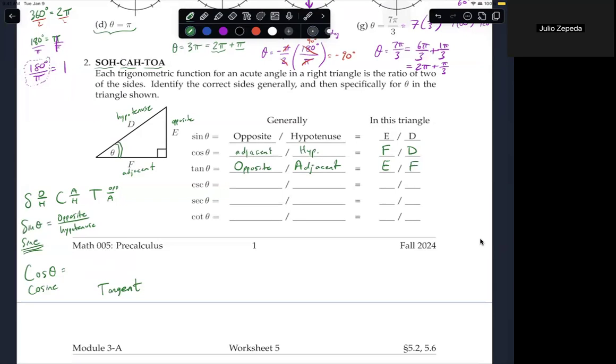So here's a fun fact. It turns out that tangent theta is also equal to the sine theta divided by the cosine of theta.